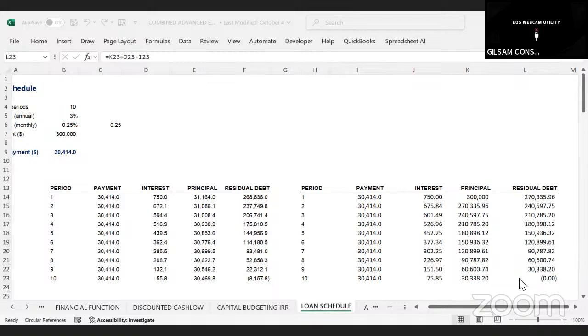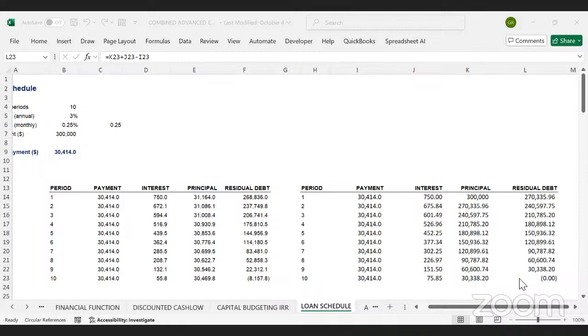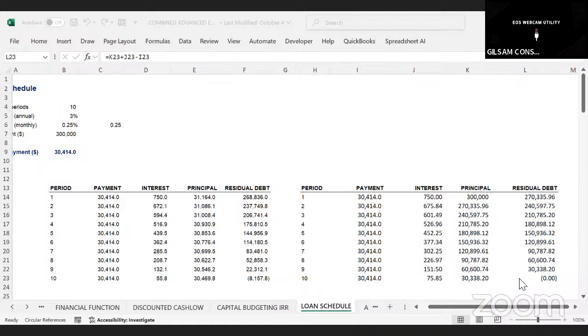So tuta apply tu, tutafanya tu bado. Nita apply ya management accounting tu. That's why hii data analysis ina cover every unit.